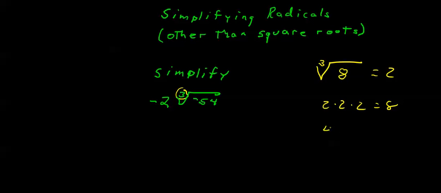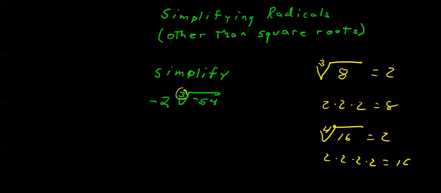The fourth root of 16 would be 2 because 2 times 2 times 2 times 2, 4 times, equals 16. Just like the square root of 4 is 2 because 2 times 2 is 4. Same idea.